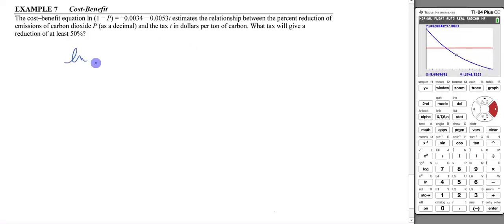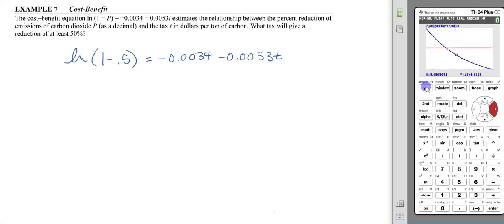So we're going to say the natural log of 1 minus 0.5, we're reducing by 50% there, is going to be equal to -0.0034 minus 0.0053t. If you like, we can go ahead and put this straight away into the graphing calculator to solve.